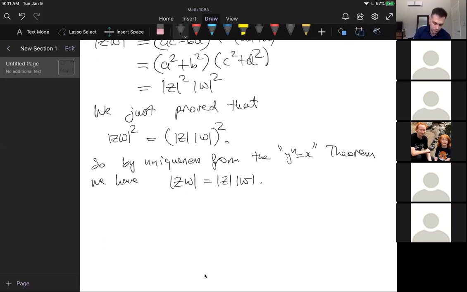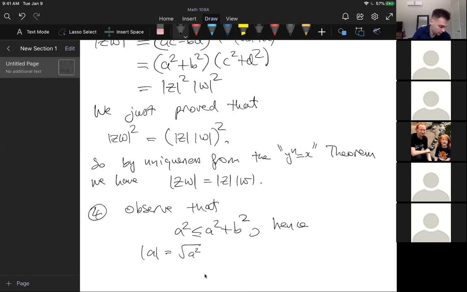For part 4, just using the axioms of real numbers, you can observe that a squared is less than or equal to a squared plus b squared, and hence the norm of a is equal to the square root of a squared, which is less than or equal to the square root of a squared plus b squared.